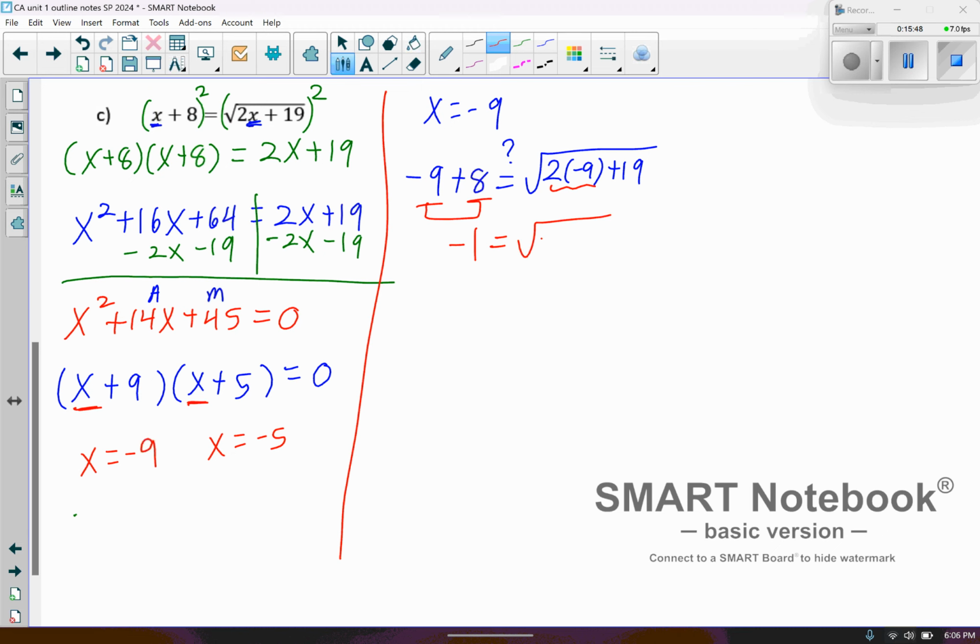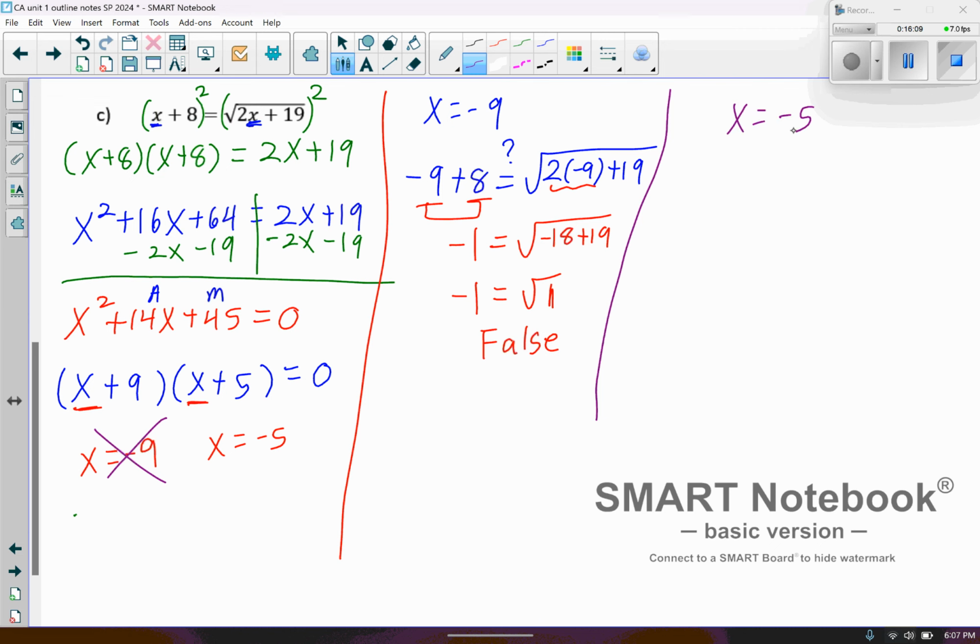So that's going to give me the square root of -18 plus 19. So I get -1 is equal to the square root of +1, which is false. So I know that that is not going to work. Now we're going to try x equals -5. So -5 plus 8 equals the square root of 2 times -5 plus 19.